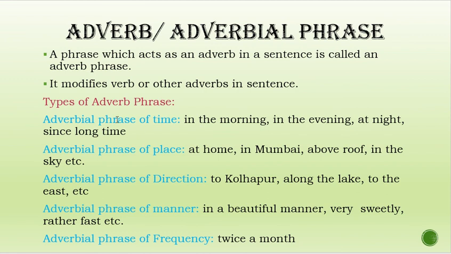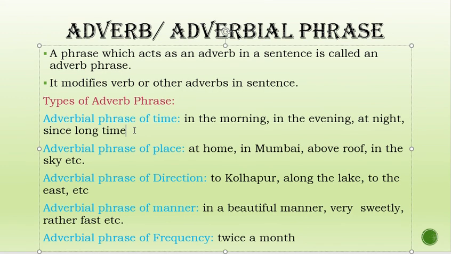Examples of adverbial phrase of time: in the morning, in the evening, at night, since a long time, for some time, during my childhood, on Monday, on Saturday, for an hour, by the time. Such phrases related to time are called adverbial phrases of time.